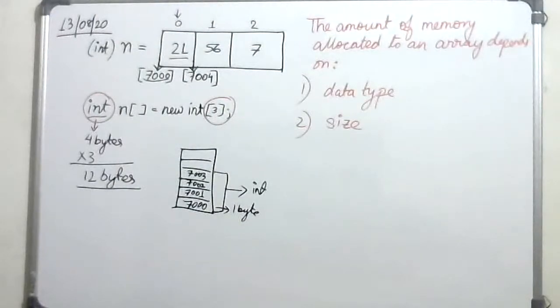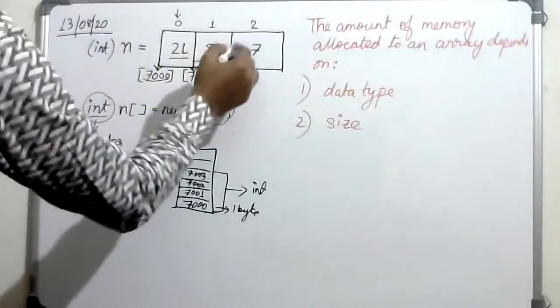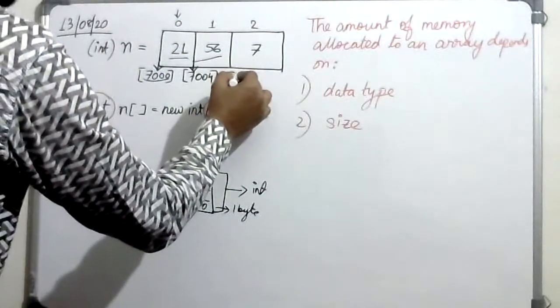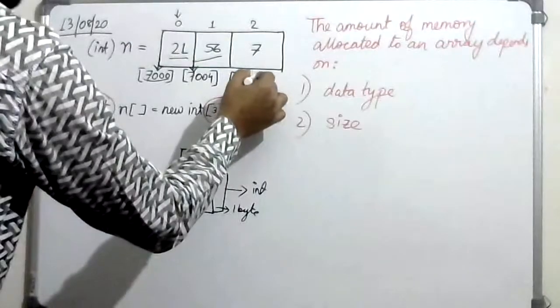So the second integer value is stored starting from 7004. Again, it will go 4 spaces in memory. So 7004, 7005, 7006, 7007. So 4 spaces are for 56. The next memory location will start at 7008.